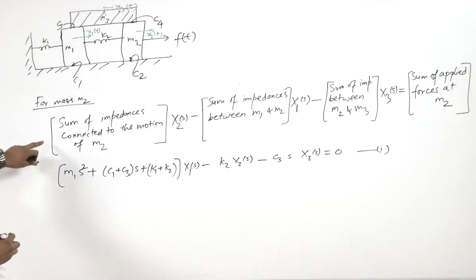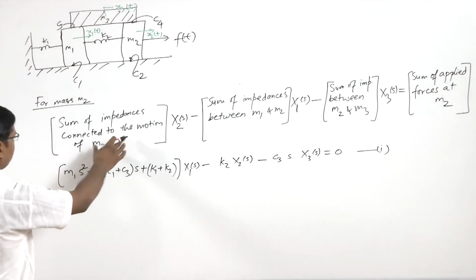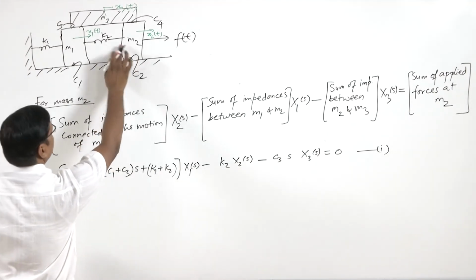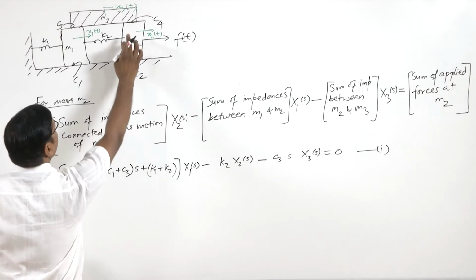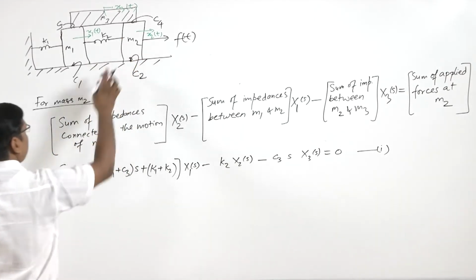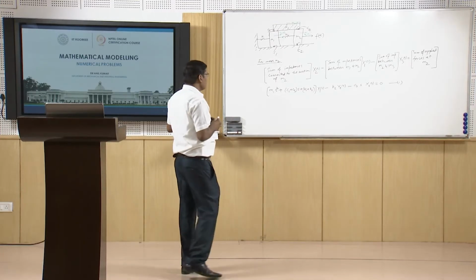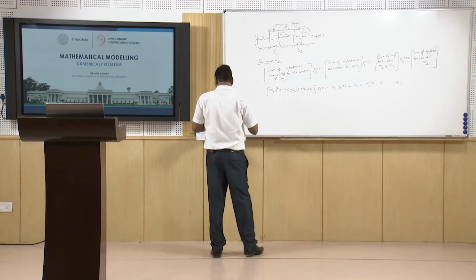If we apply this for this mass, the sum of impedances connected to the motion of M2 is K2, C2 and C4, and the impedance of this mass M2 s square.